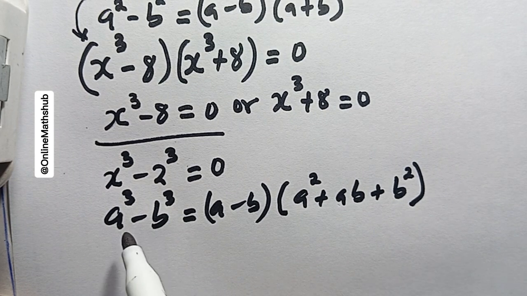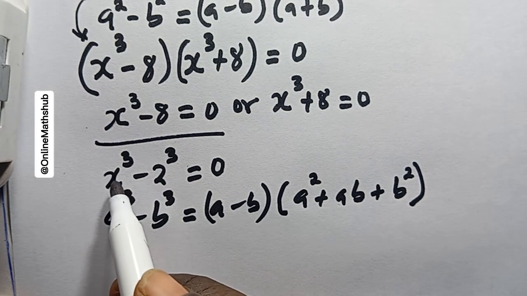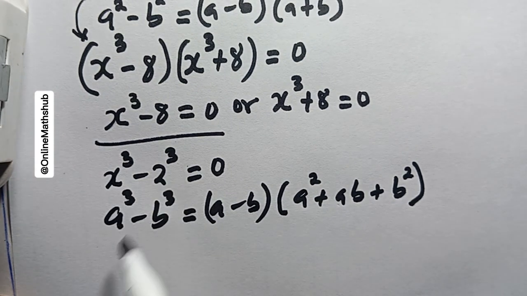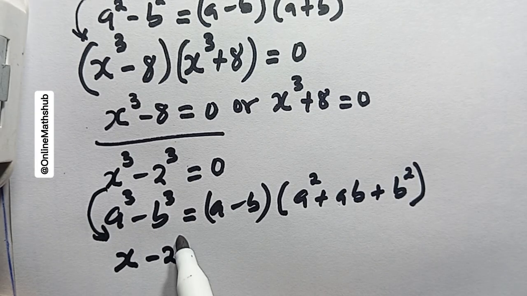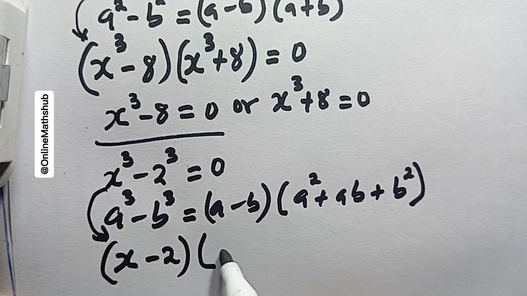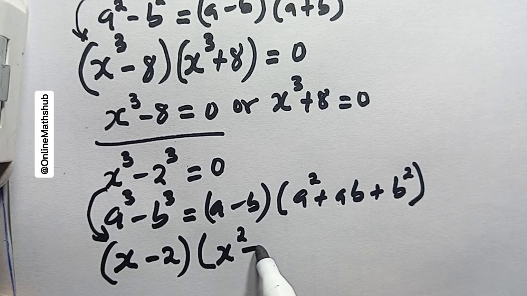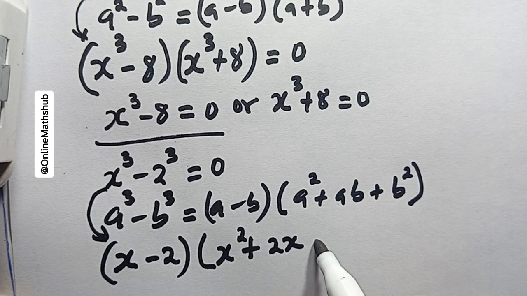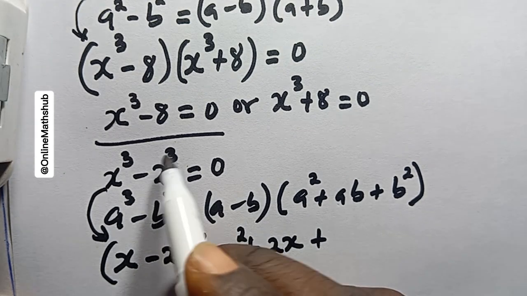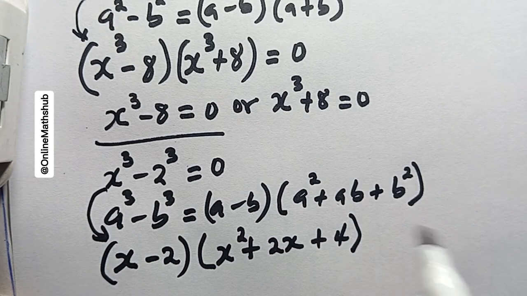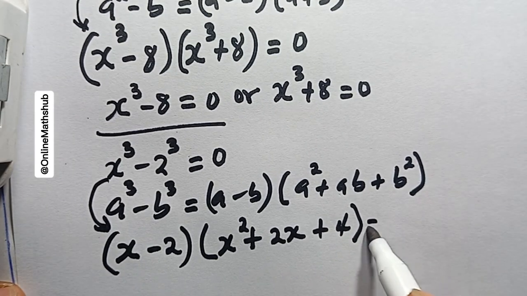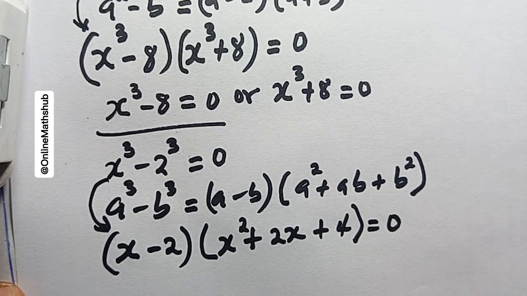Applying that here, a is the same as x, and b is 2. So this will change to x minus 2, multiplied by x power 2, plus 2x, plus 2 power 2, which is equal to 4. And of course it's still equal to 0.